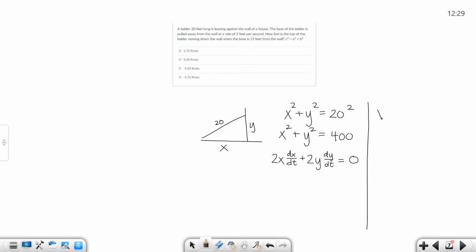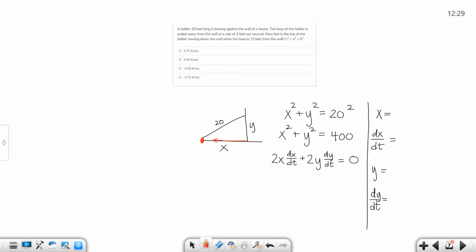So when we come to the side, we're going to need an x, a dx/dt, a y, and a dy/dt. When we read through there, it says the base of the ladder. Okay, here's the base of the ladder. The base of the ladder is being pulled out at a rate.